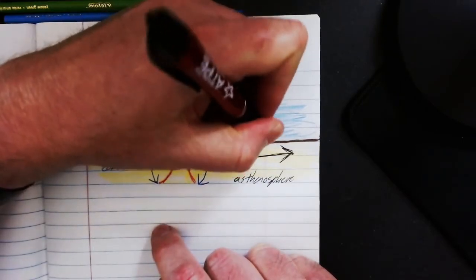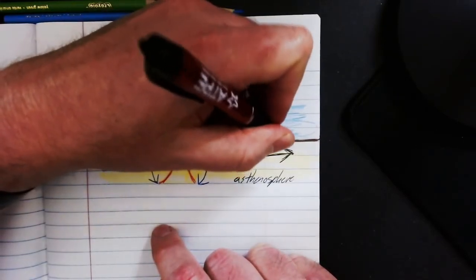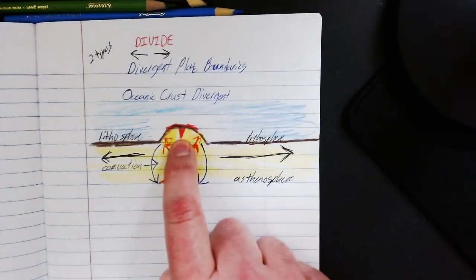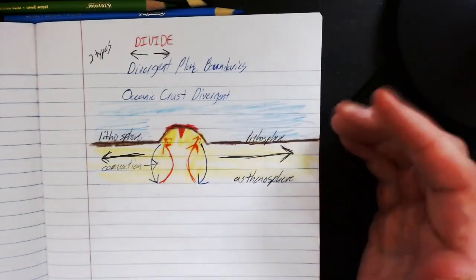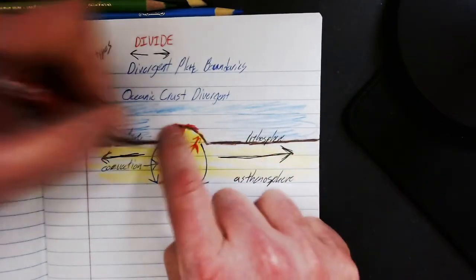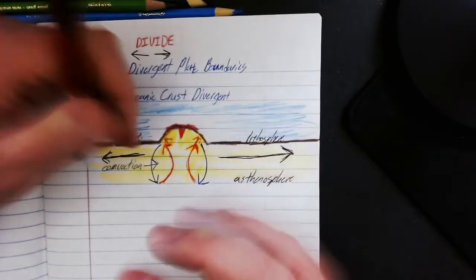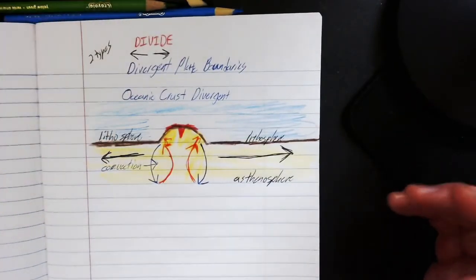I'm going to label lithosphere over here. I forgot to label it. So it's making new land. This magma will come up and turn into lava once it comes up. But that lava, as it's spilling out, will eventually cool down and make new rock.